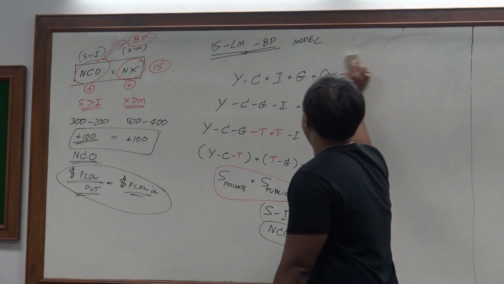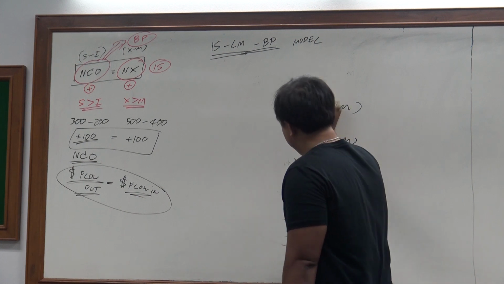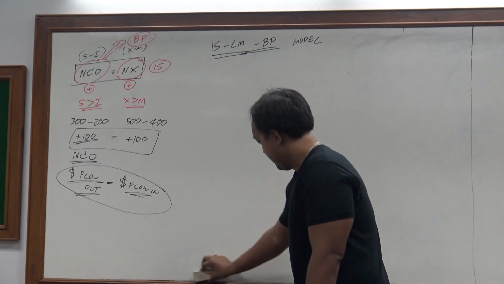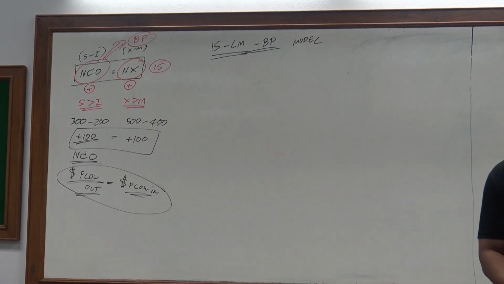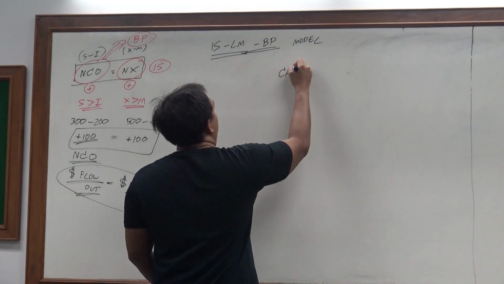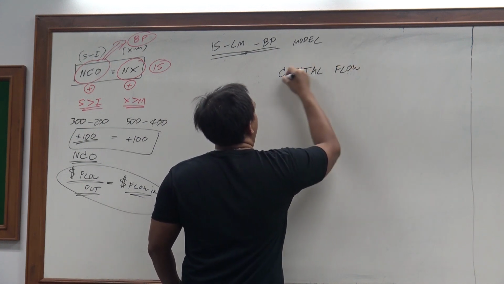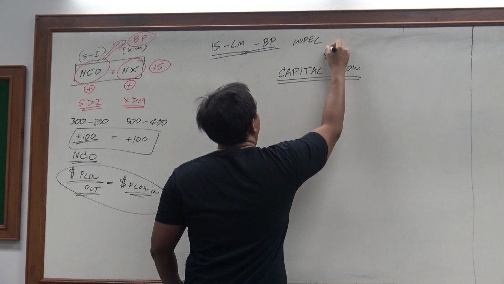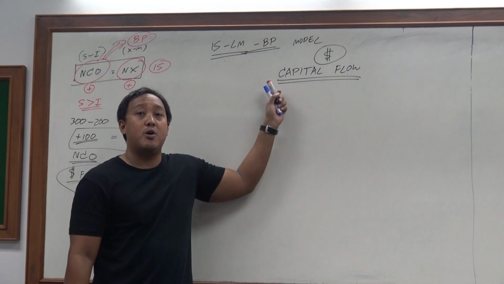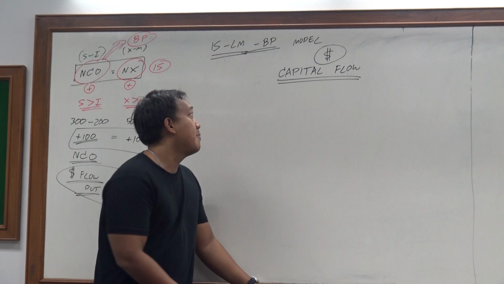Okay, let's see the BP curve. So the idea of capital flow, or the money that flows between countries. Again, capital here refers to the amount of money that flows between countries.